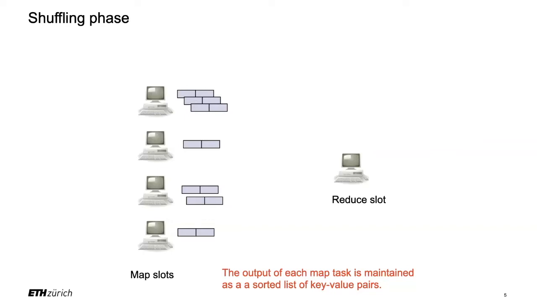If you have a strategy that is based on intervals of key values, that's a bit tougher because you don't know in advance what the key values are, right? So this is why maybe a hash makes more sense. And then, of course, when the reduce slots know exactly what they are responsible for, they know exactly what to request from the map slots. And since the map slots, when they spilled it to disk, sorted the whole thing, they can retrieve the key values that they need to send.